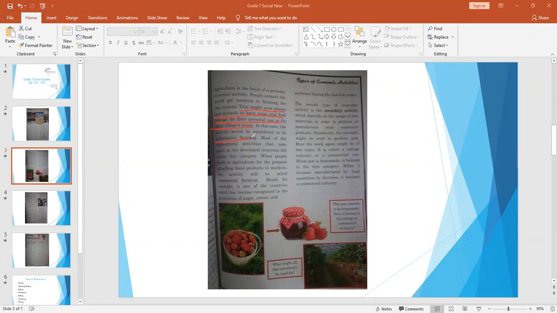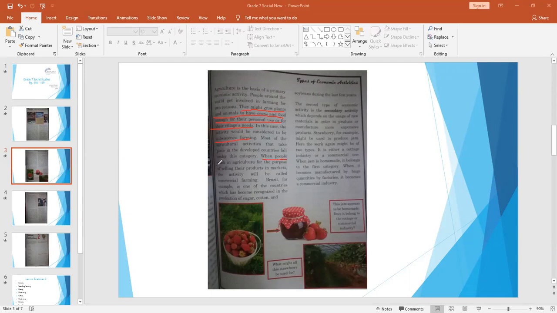Subsistence farming refers to people growing their own crops for their personal use. The emphasis there falls on personal use. If we look at question 3, what is commercial farming? Just a little bit lower in the same paragraph, we will find this answer. Here we go.